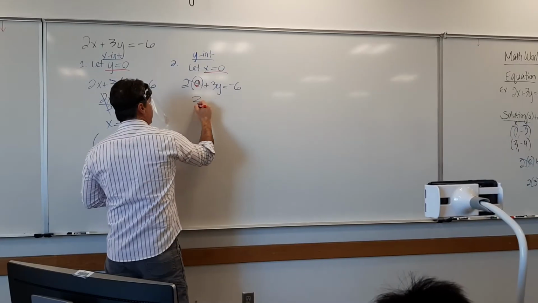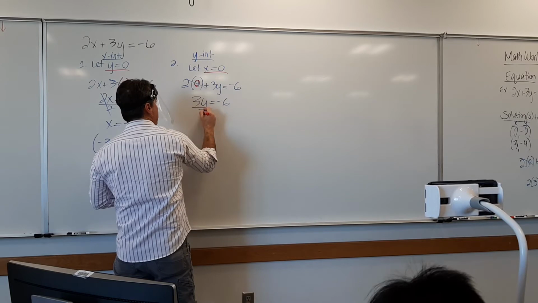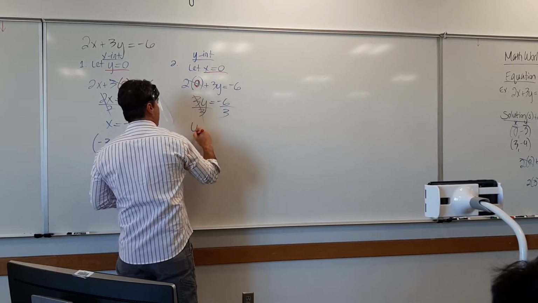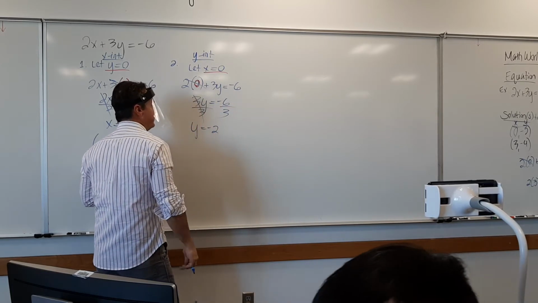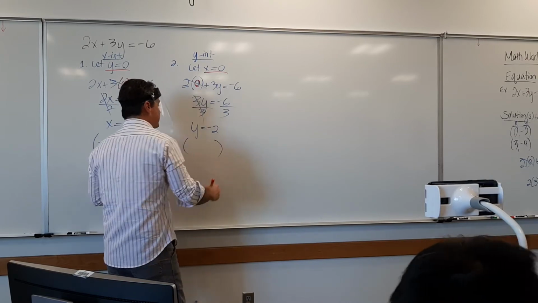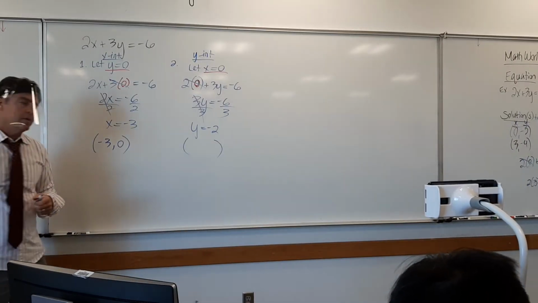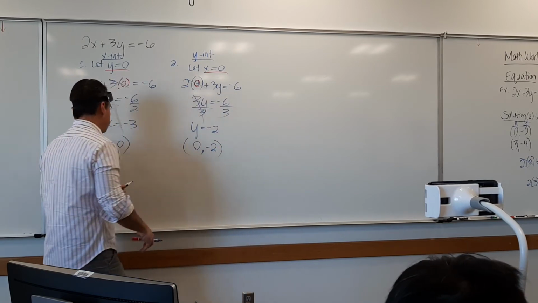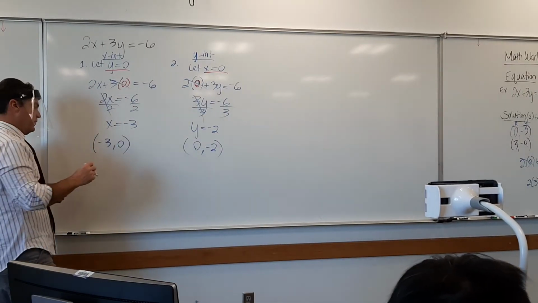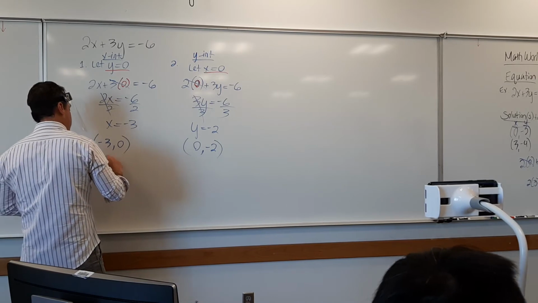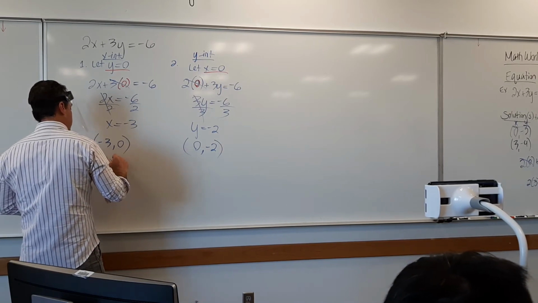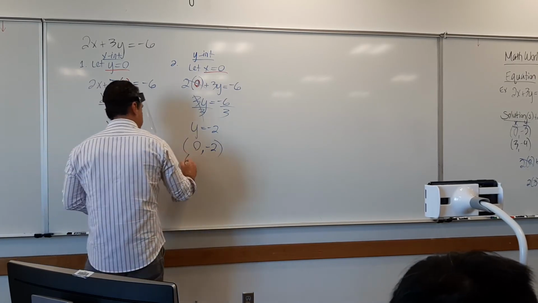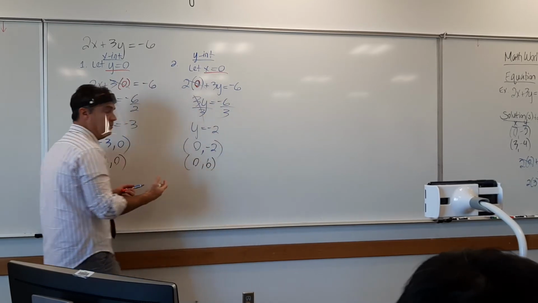This cancels, we get 3y equals negative 6, we divide by 3, we divide by 3, we get y equals negative 2. So, what's my next ordered pair? 0, -2. Now we have 0 first and negative 2, okay? Think about this. We said that this was a comma 0, and this was 0 comma b, and it makes sense.